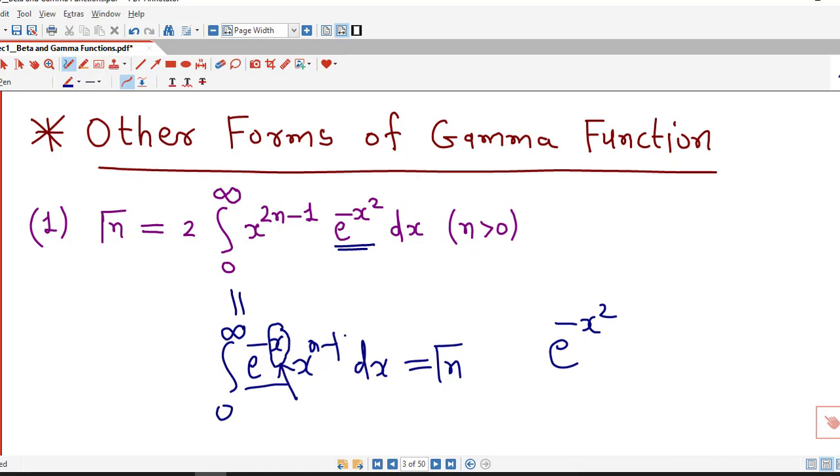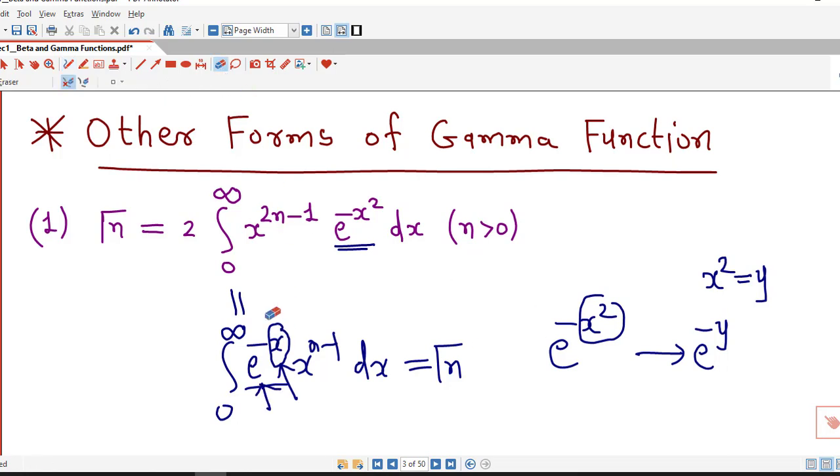So we should consider a change of variable. If we change the variable from x to another variable, say y, by taking x square equal to y, then we will obtain this type of term, e raised to minus y.